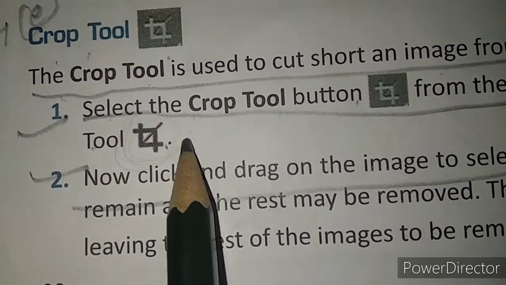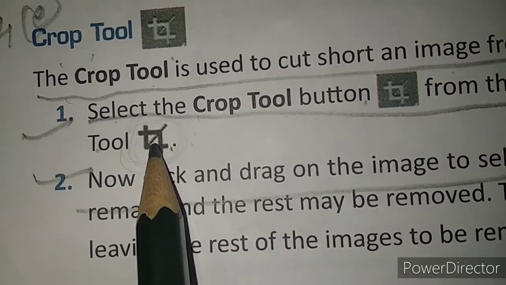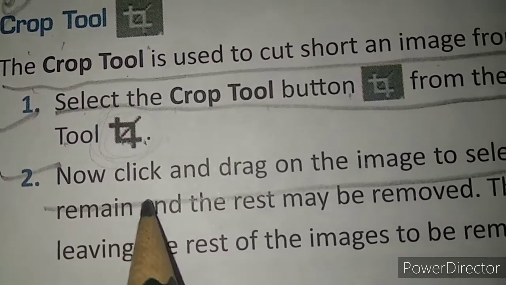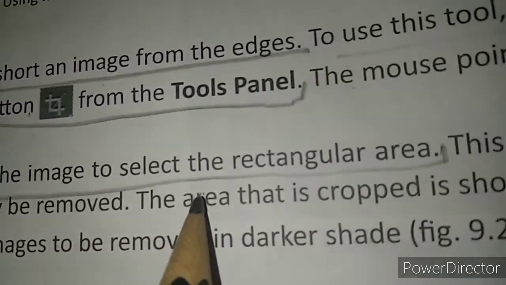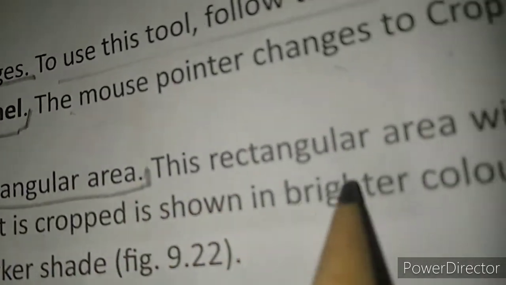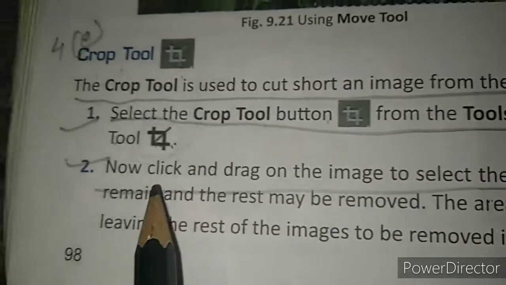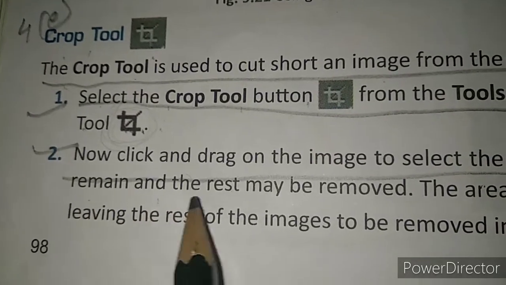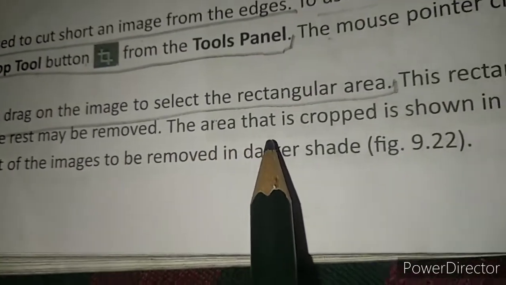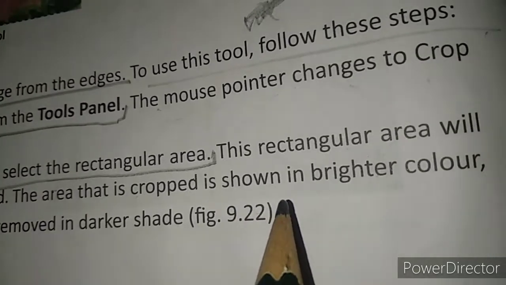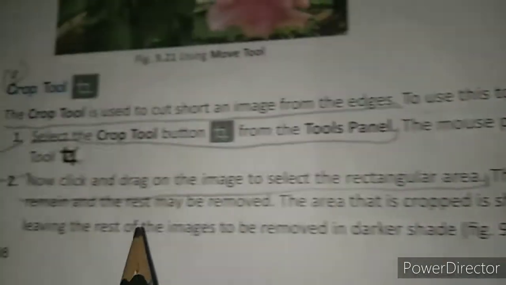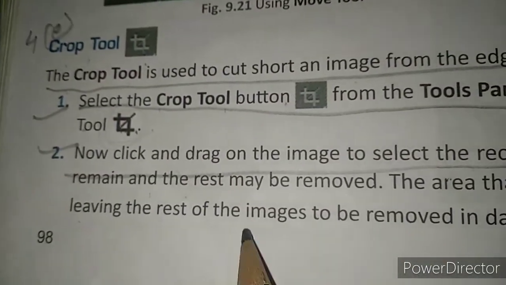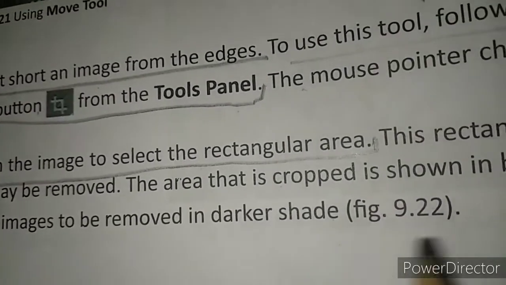So now when you click the crop tool, click and drag on the image to select the rectangular area. This rectangular area will remain and the rest may be removed, and the area that is cropped is shown in brighter color, leaving the rest of the image to be removed in a darker shade.